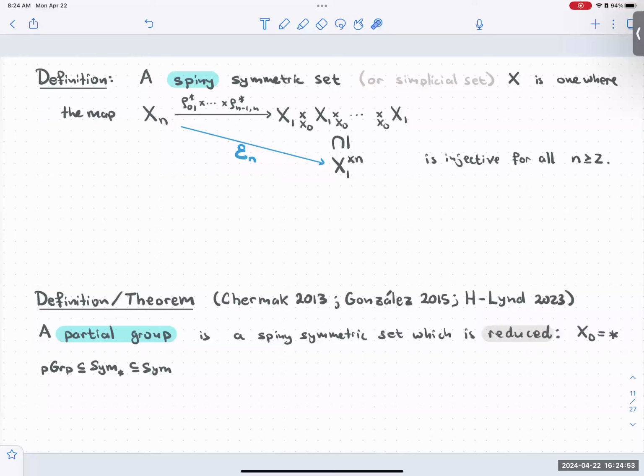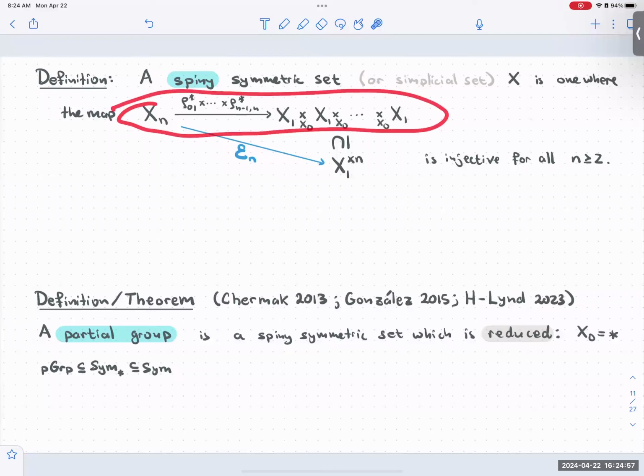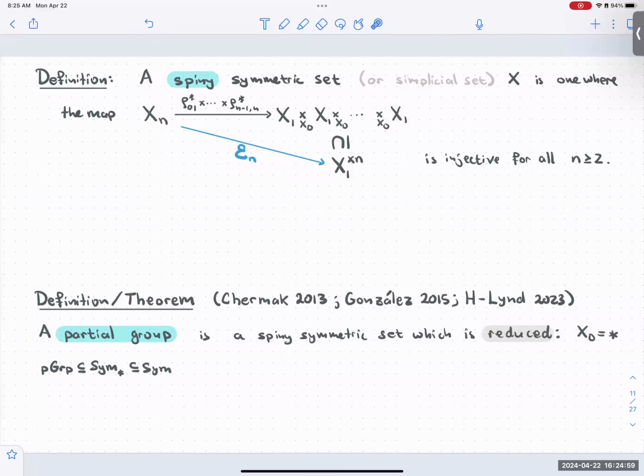This is one where the Segal map isn't a bijection, as I asked before, but rather it's just a monomorphism. So it's an inclusion, for all n bigger than or equal to 2. And I'm mostly going to ignore this sort of fiber product and just think about the collection of one simplices that make it up.